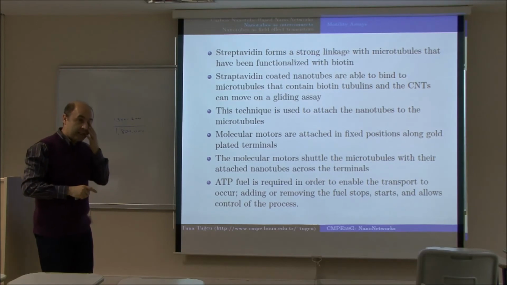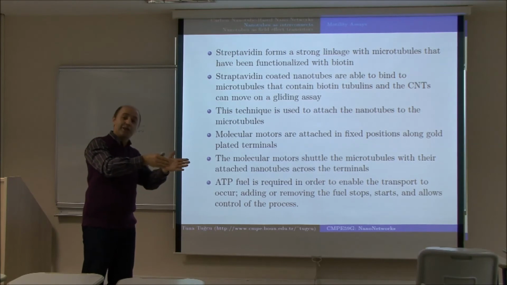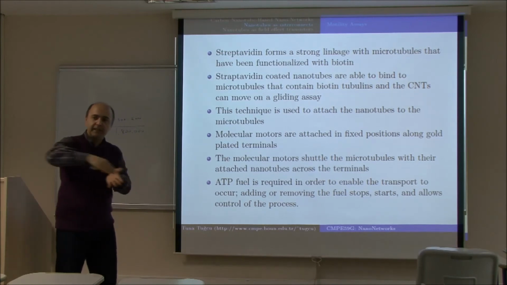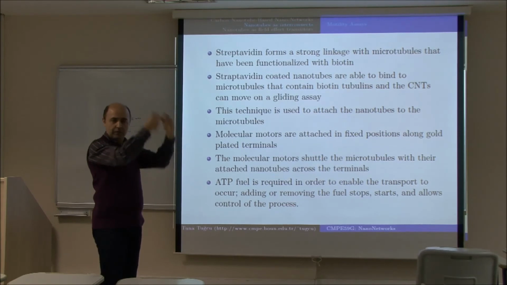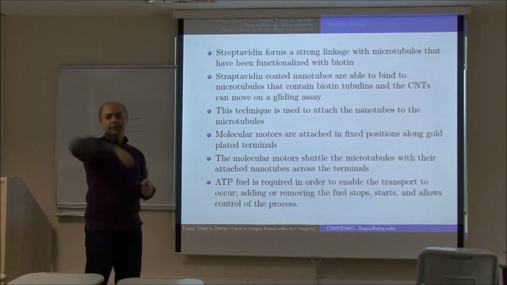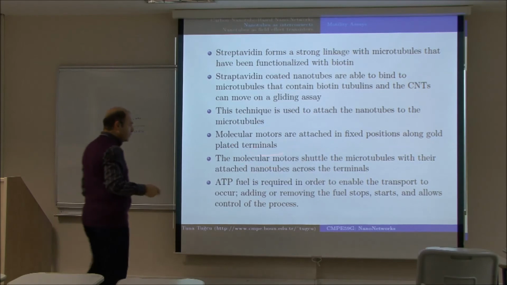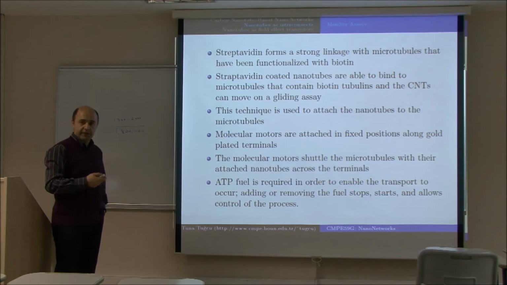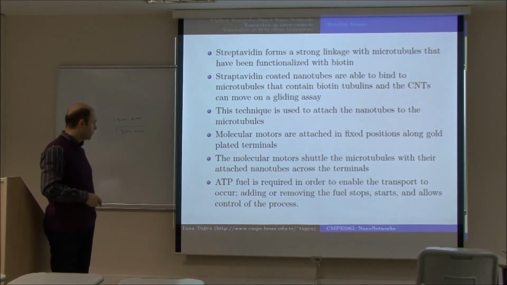Now, if you can place these spectators who are voluntary to carry this person in a specific pattern in the audience, you can take the rock singer from the stage for crowd surfing and throw him out, as you wish. So the molecular motors are therefore shuttling the microtubules with their cargo, which is the nanotube, across the terminals, from one gold-plated terminal to the other, for example.